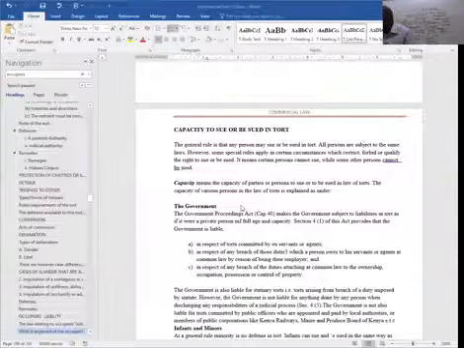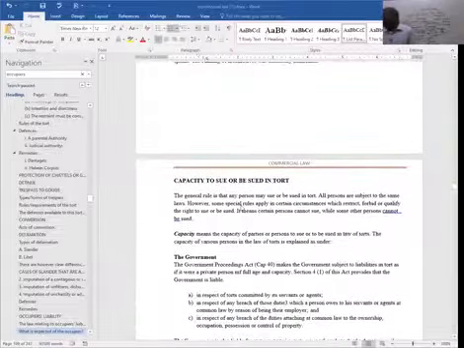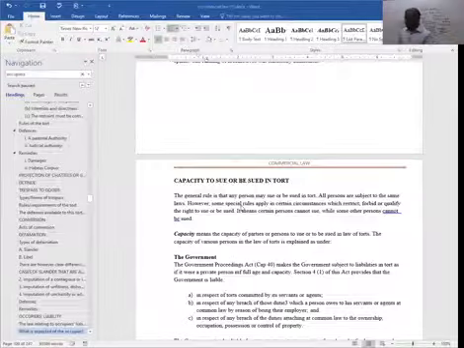The Government Proceedings Act makes the government subject to certain liabilities in tort as if it were a private person. So the government is liable, for example, in respect of torts committed by its servants or agents.